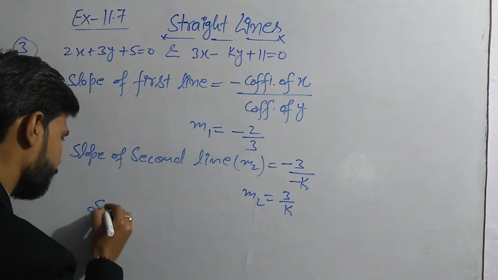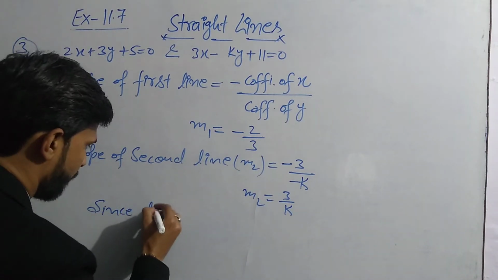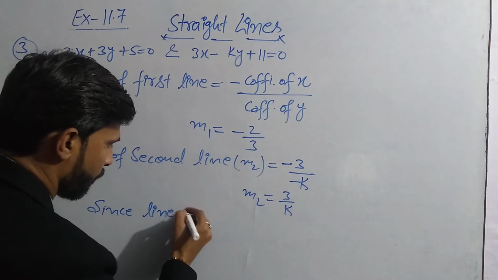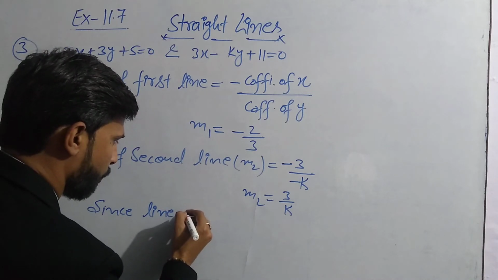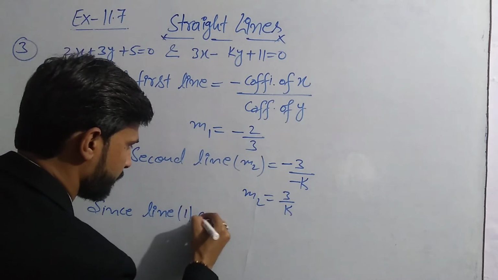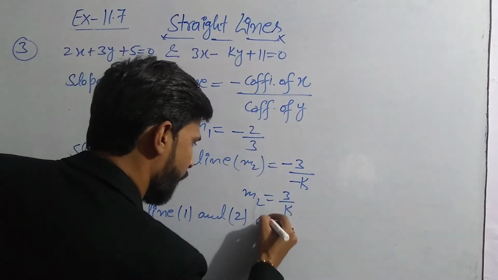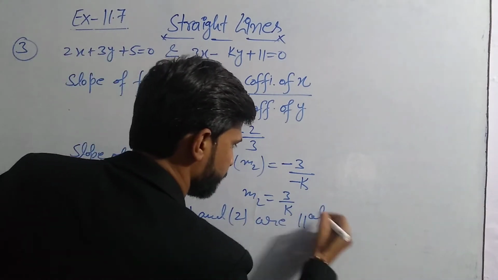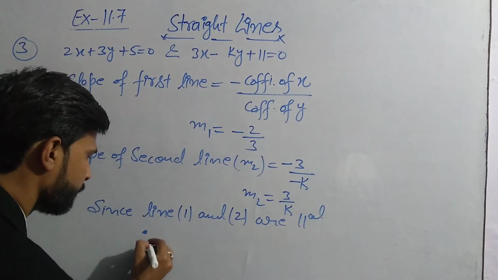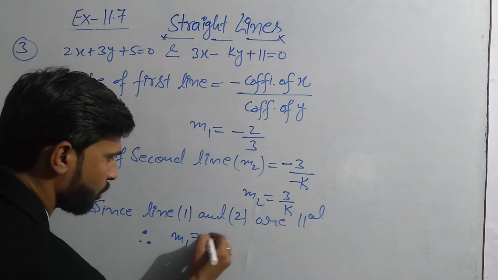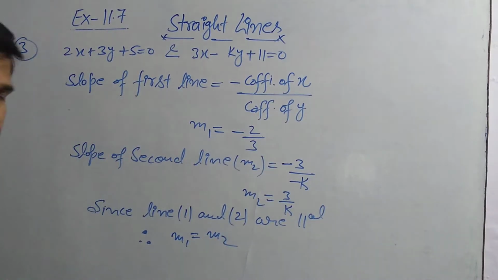Since line 1 and 2 are parallel, therefore m1 is equals to m2.